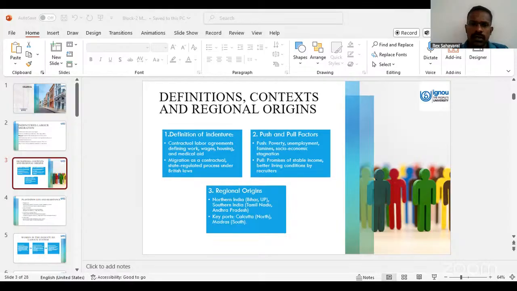You see that during the British period, from 1834, there was a period of migration of indentured labor, where from 1834 to 1900, around 4 lakh people migrated towards Mauritius, right?